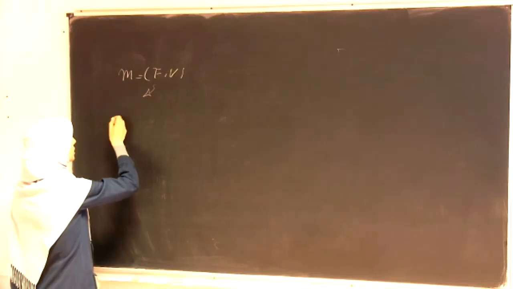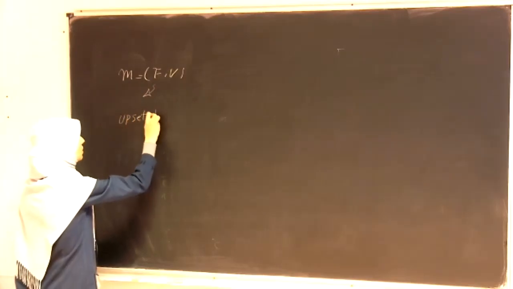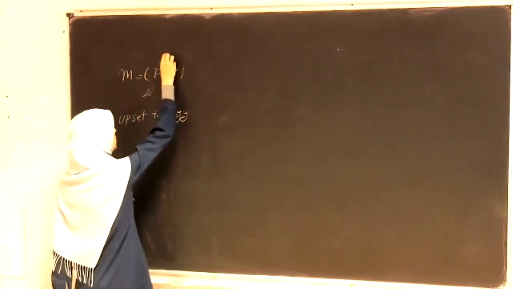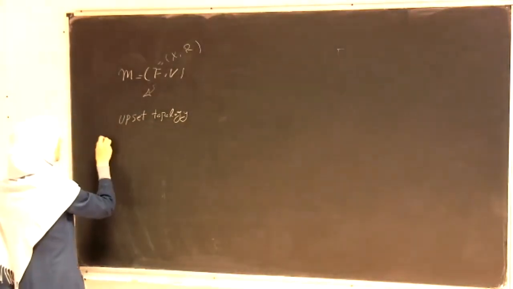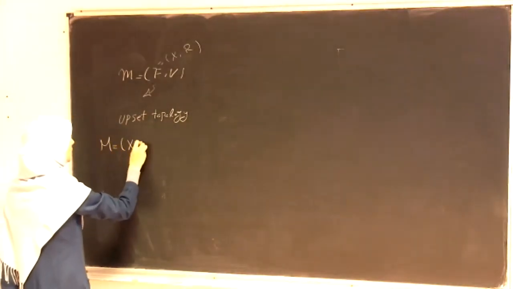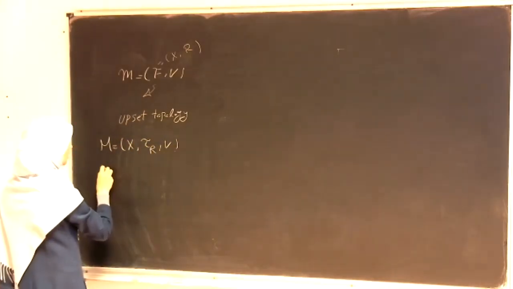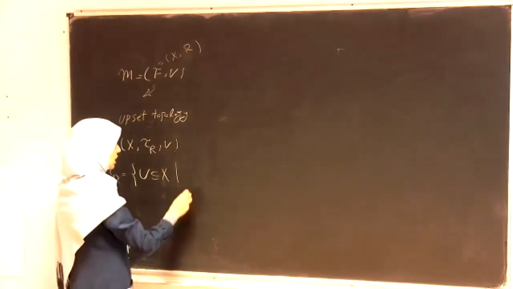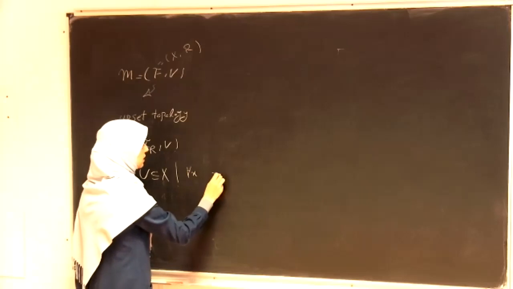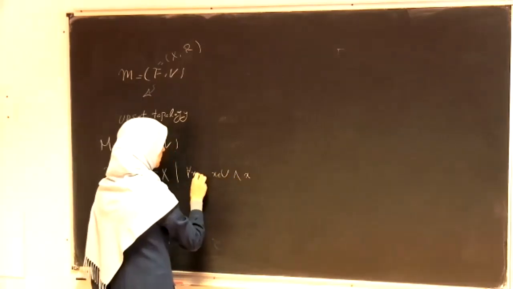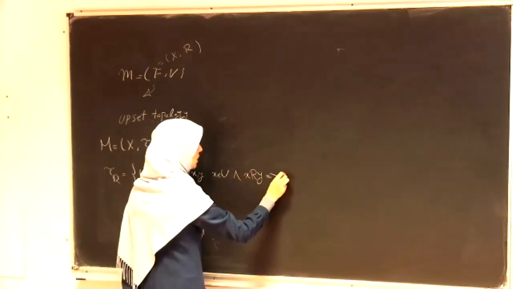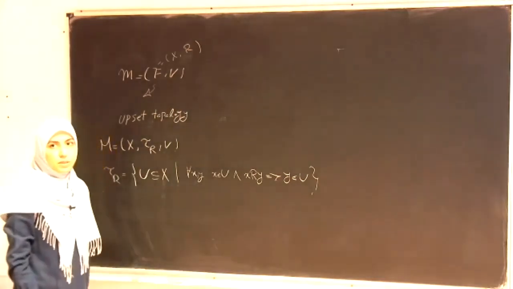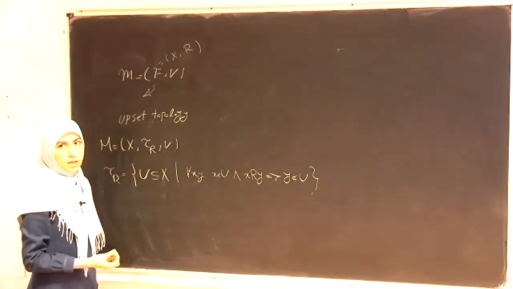We can assign an Alexandrov topology to F, which means that we can see, for example, F is equal to X and R. Now we can define a model M, which is X, tau R, and V, where tau R is the set of all subsets U of X such that for any point x, if x is in U and x is related to some point y, then y is in U, which means that U is closed under the accessibility relation R. This topology is called the Alexandrov topology.